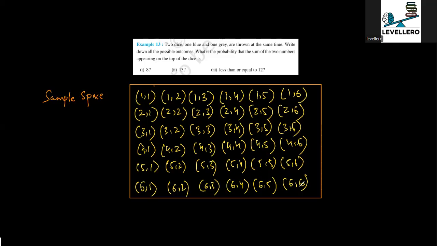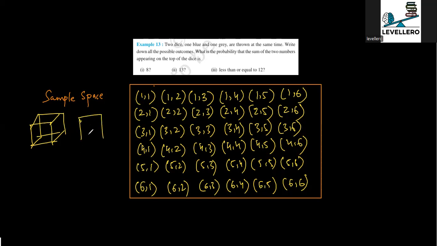The next part is about the probability that the sum of two numbers appearing on the top of the dice is 8. Now, please understand what this question is about. Basically, when we throw the dice, we get one side which is facing upwards, and we can get either 1, 2, 3, 4, 5, or 6 on the face which is upward.